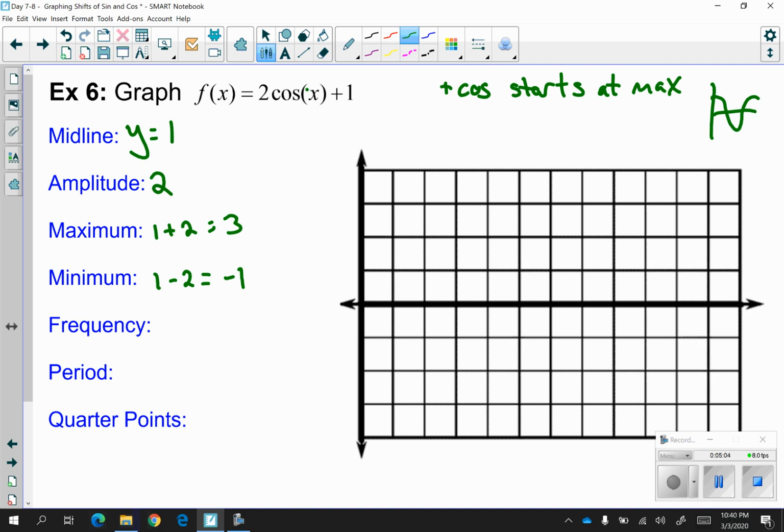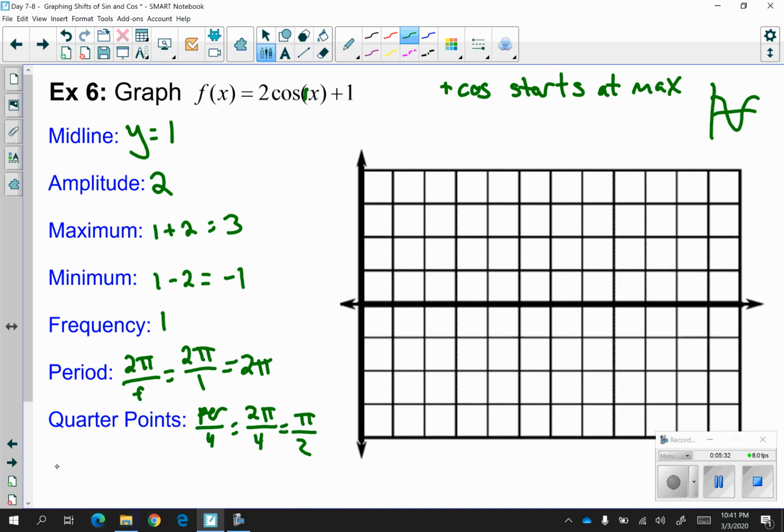Frequency is the number in front of the x variable, which is 1 in this case. So your period, 2 pi over the frequency, is just 2 pi. That means your first quarter point, your period divided by 4, is going to simplify to pi over 2.